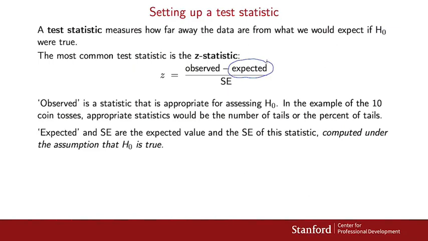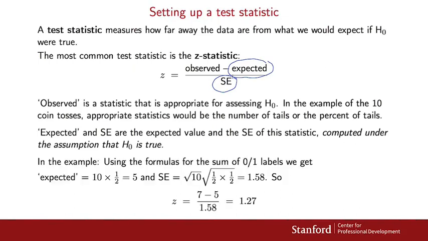Expected here stands for the expected value of the statistic, assuming that the null hypothesis is true. Likewise, the standard error is the standard error of the statistic under the assumption that the null hypothesis is true. Let's look at our above example. Our statistic was the number of tails. Using the formulas for the expected values of sums, we find that the expected value is 10 times the probability of getting a tail, which is 5.